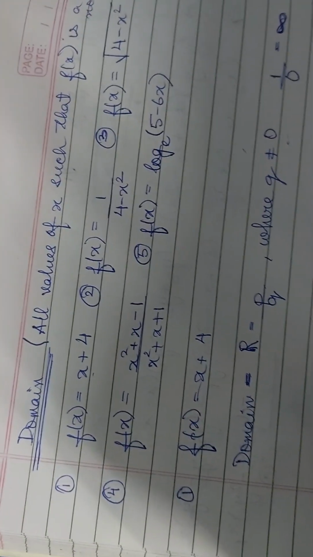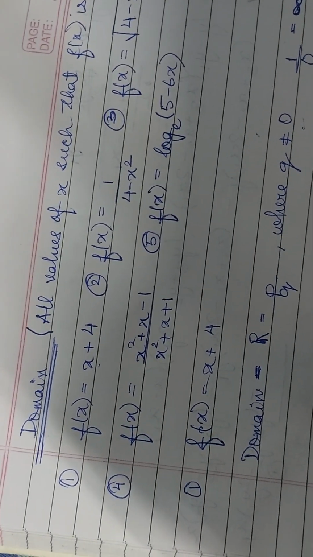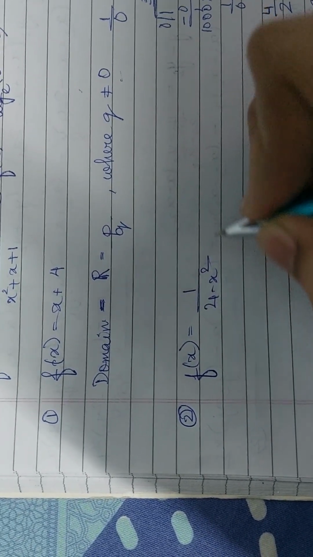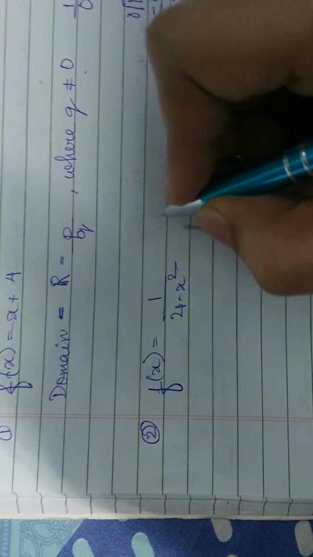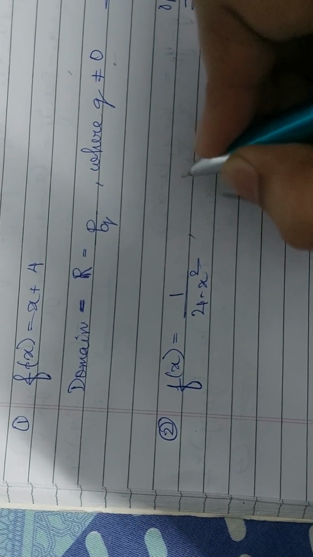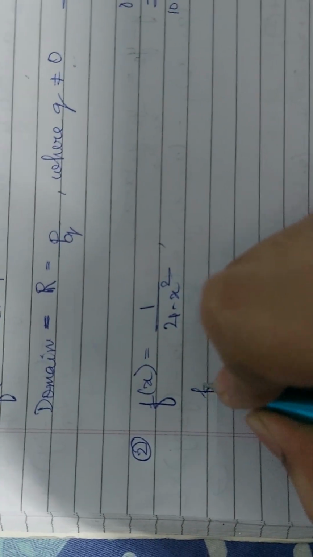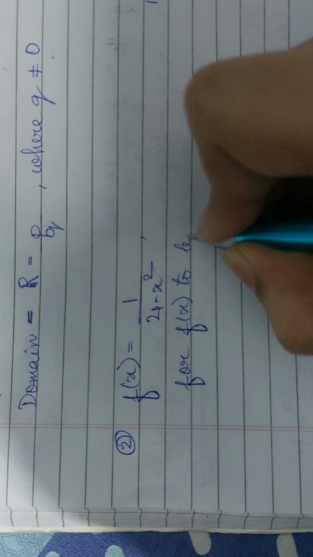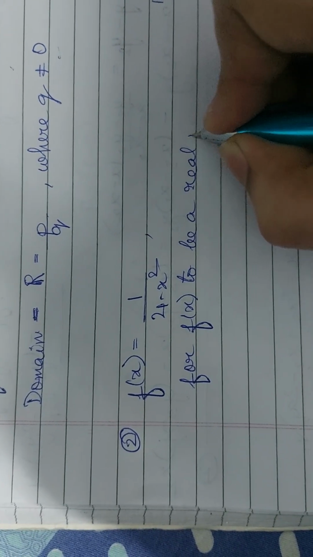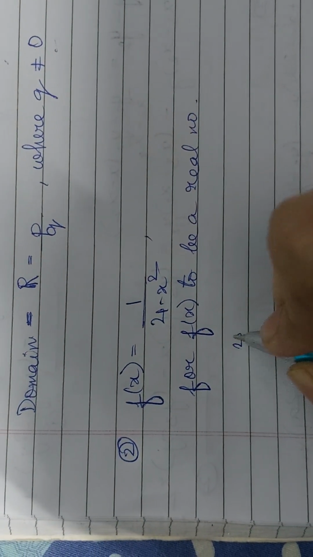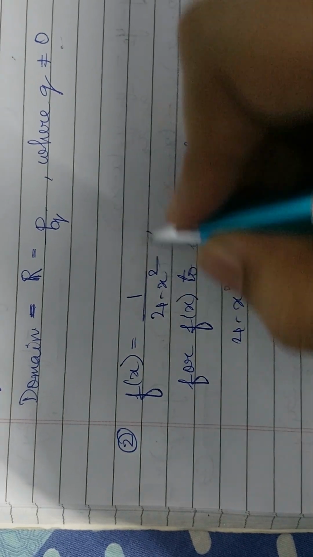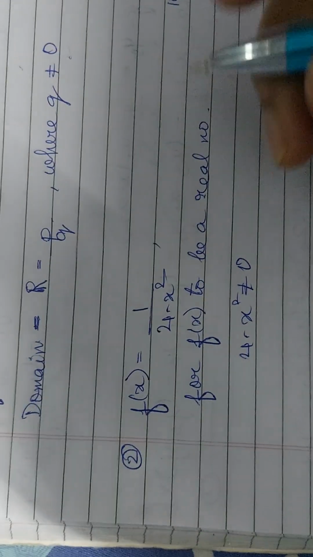So in number 2, f(x) equals 1 by 4 minus x square. Since we know that for f(x) to be a real number, 4 minus x square cannot be equal to 0, because then it will be 1 by 0, which is not a real number.